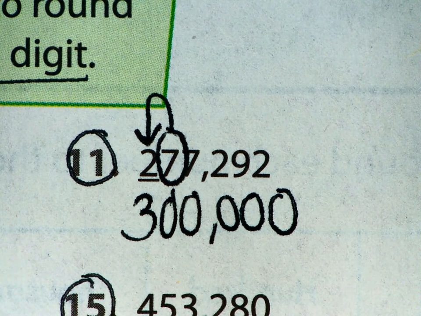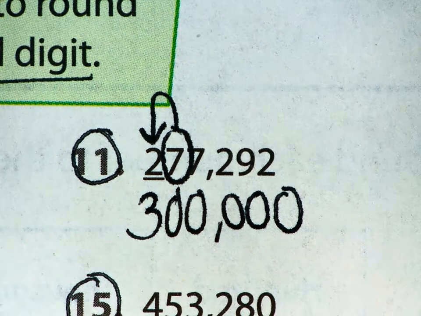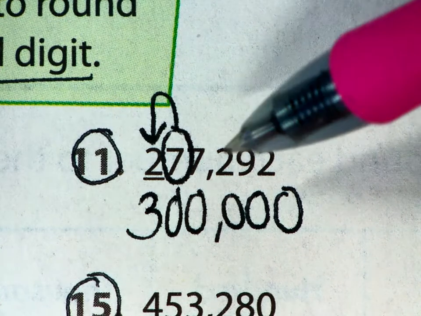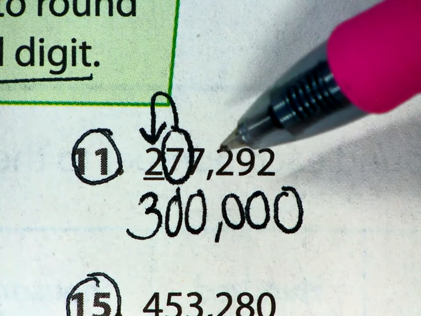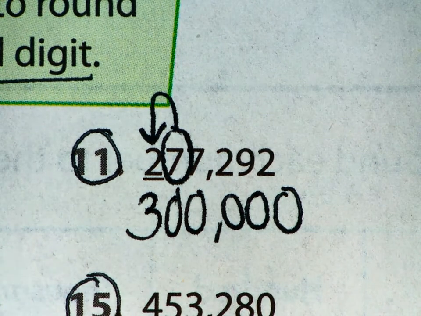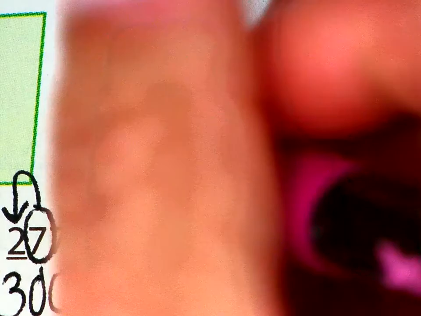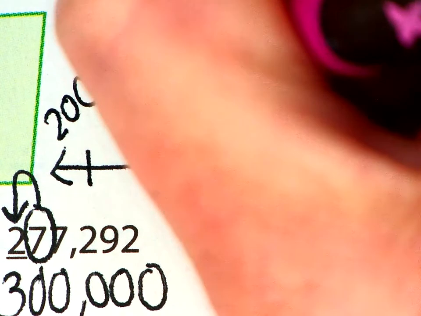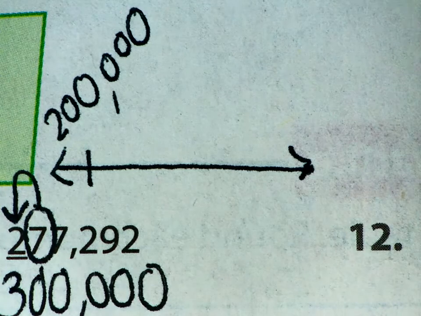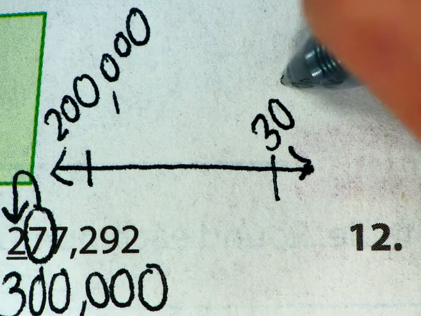Excellent. And again, if you're thinking in your brain, does my answer make sense? We always talk in math about, is my answer reasonable? So if you're rounding to the nearest 100,000s place, what you're essentially asking yourself is this number, 277,292? If I were to create a number line, and at this end I had 200,000, and then at this end I have 300,000.